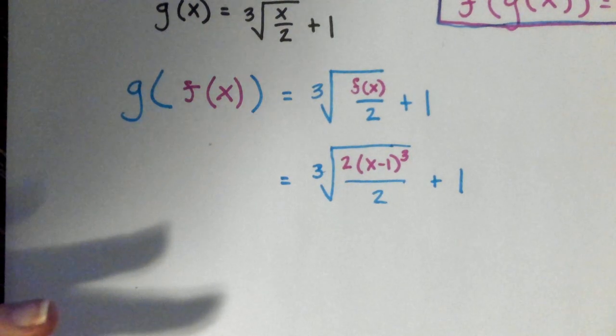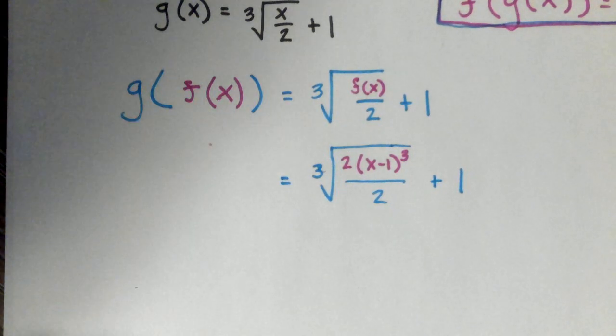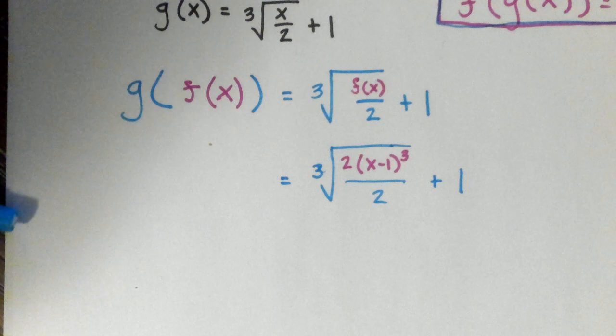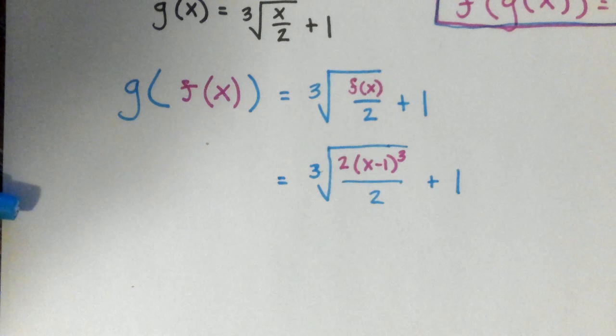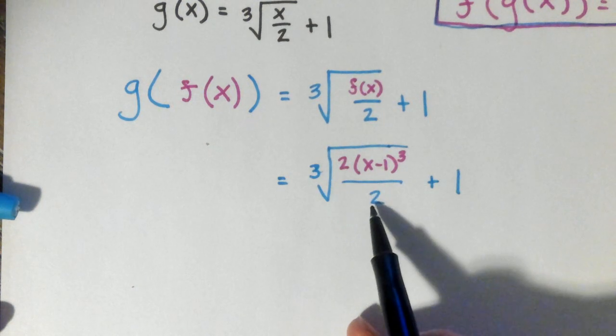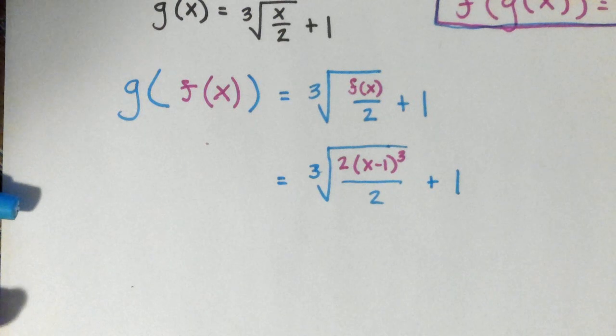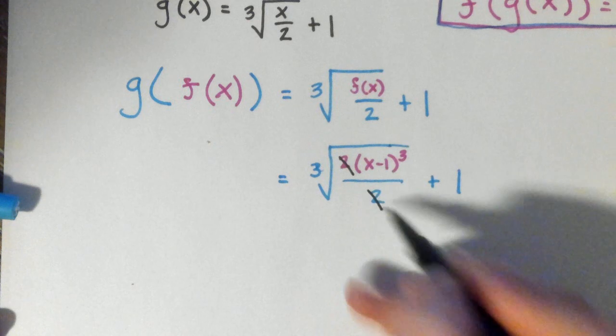Now, when I simplify, I am going to see what can cancel out, what can undo each other. Okay? So I'm not moving things over to the other side, so I'm not subtracting 1 or anything like that. I'm just looking here. Do you see that there's a 2 and a 2? And canceling them in the correct order is important. So 2 over 2 is a big giant 1.